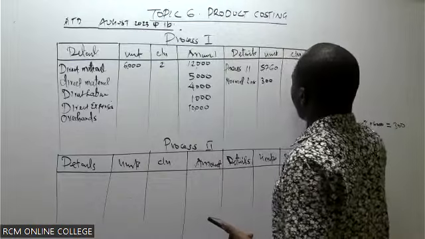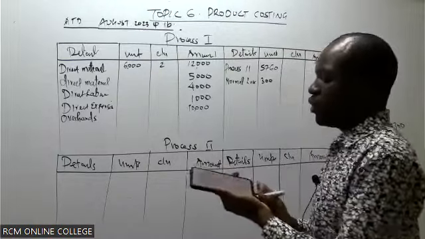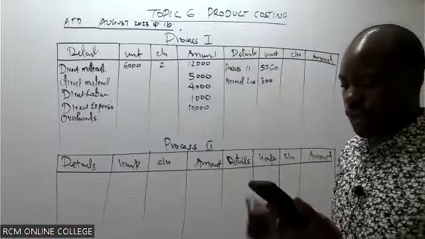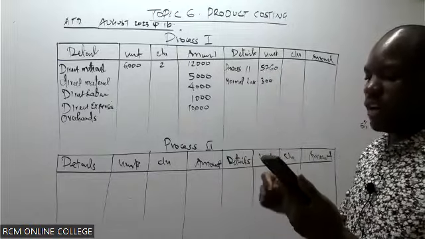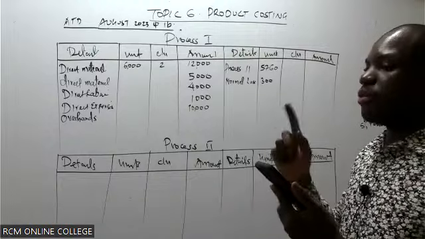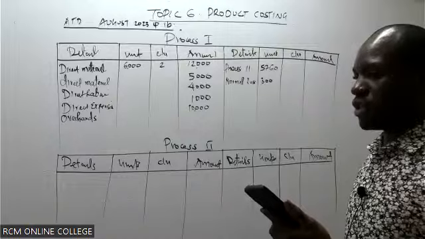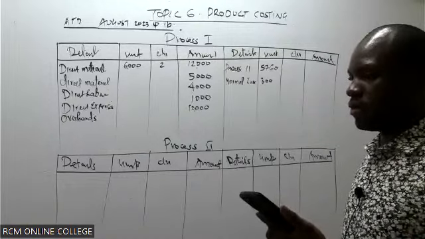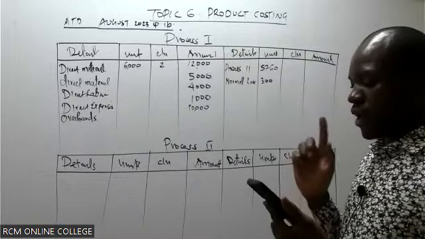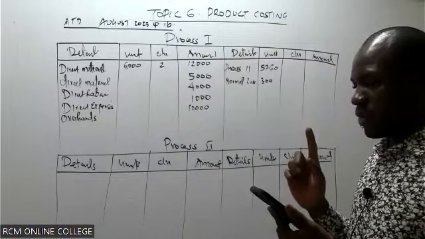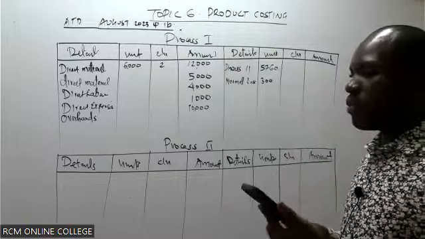But here, for the cost per unit of the normal loss, we have been given the scrap value of the normal loss. What is the scrap value per unit of normal loss in process 1? Are we able to see it there? What is the scrap value we see there? 1.5.